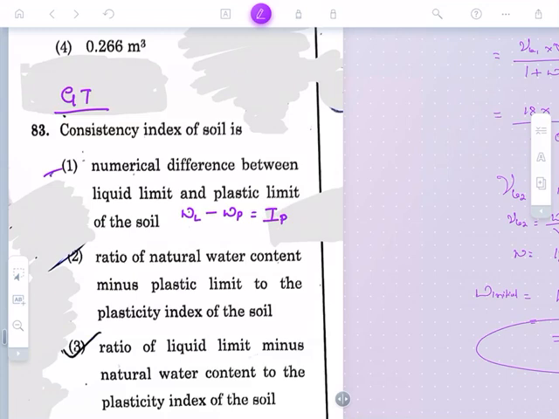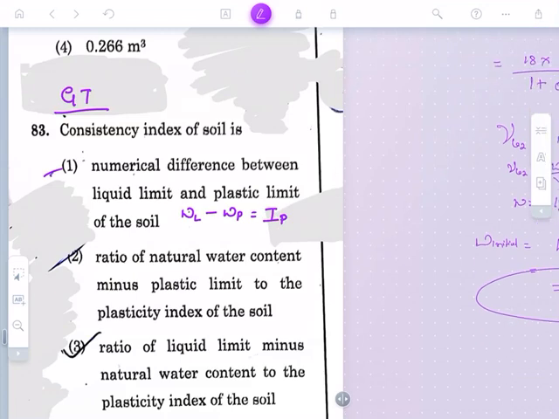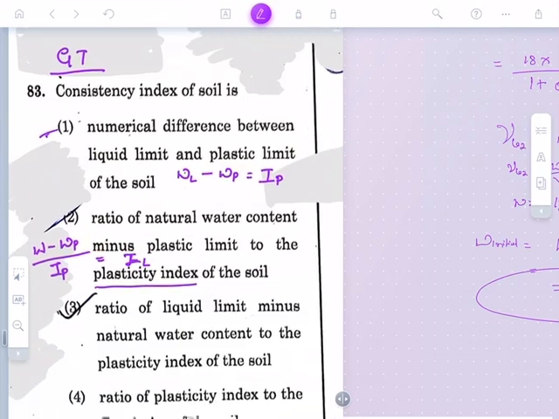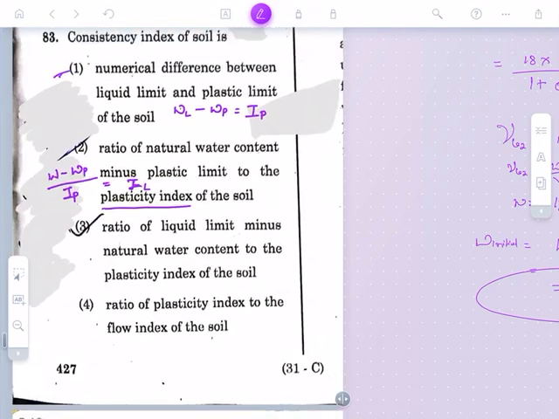Okay, plasticity index, this is the first option. Next is asking the ratio of natural water content minus plastic limit WP to the plasticity index IP. This will be equal to liquidity index, which can be represented as IL.